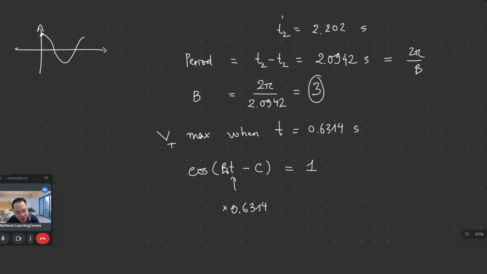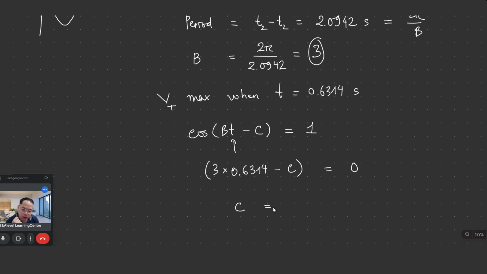0.6314, and the value b here is 3 that we found here. Okay, cosine of this thing minus c, a constant c, is equal to 1, which means this whole angle behind the cosine must be 0 radian, and therefore c is the product of these two things.